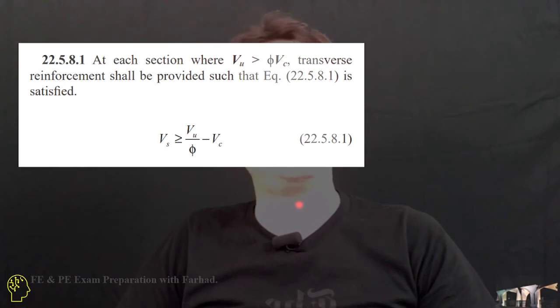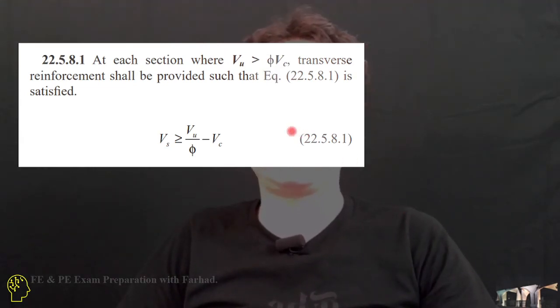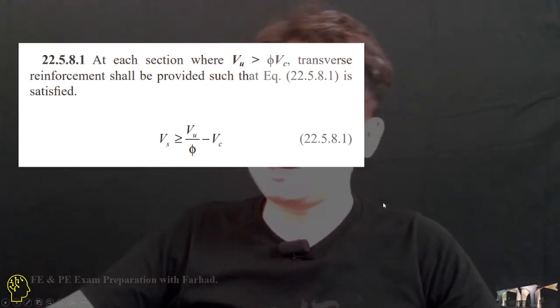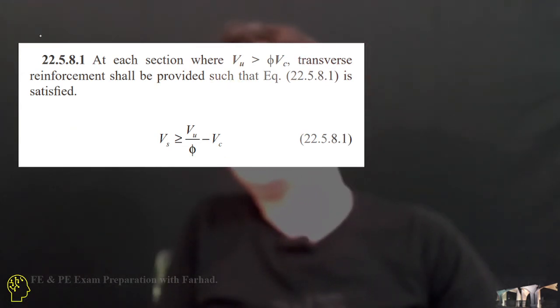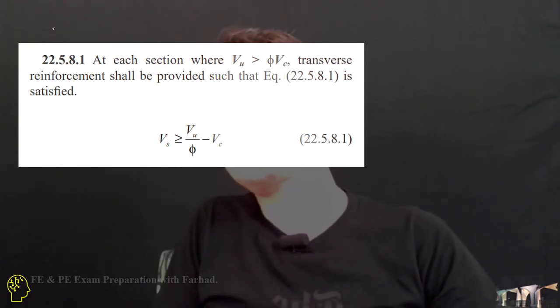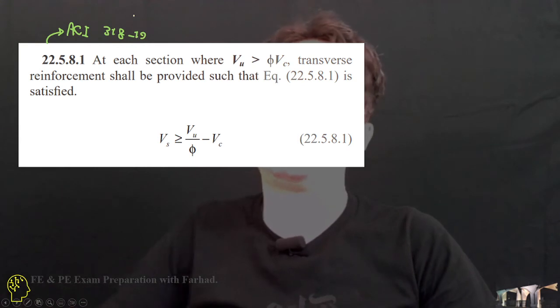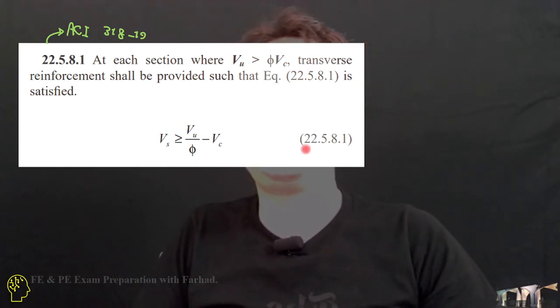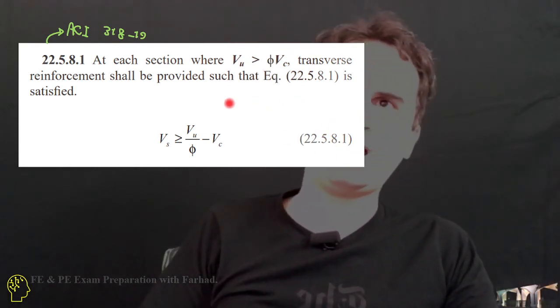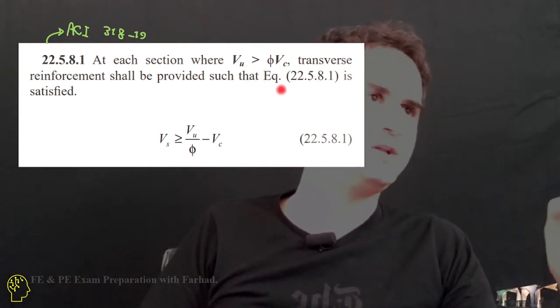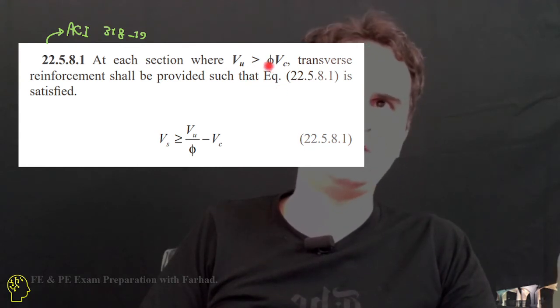If we need stirrups, we know based on the ACI code, the American Concrete Institute, ACI 318 version 2019, that if you need stirrups, it means Vu is already greater than half of phi times Vc.